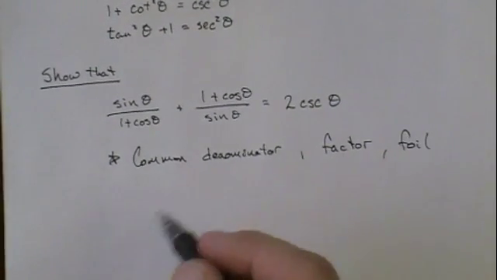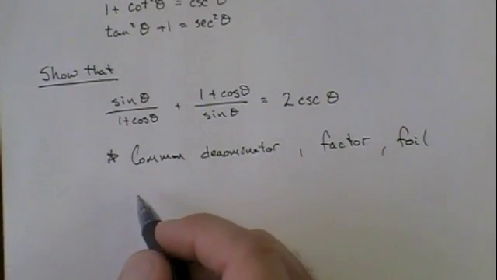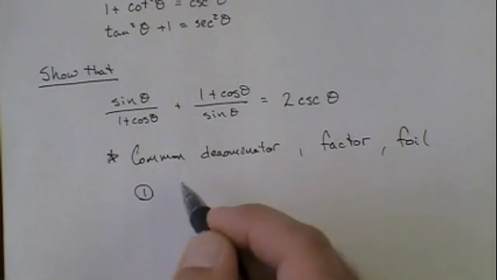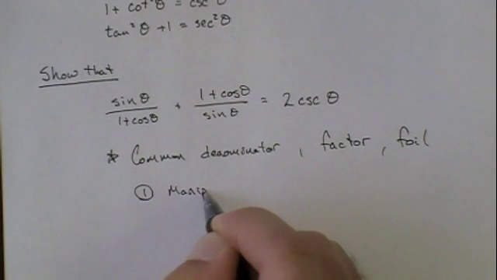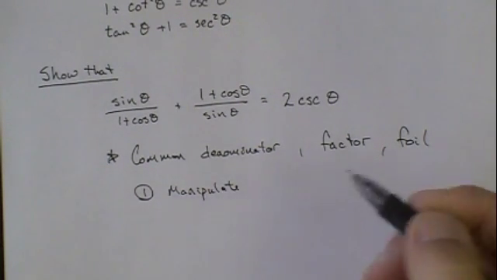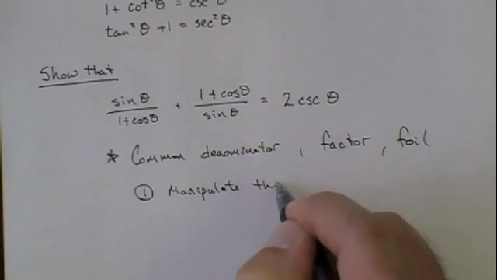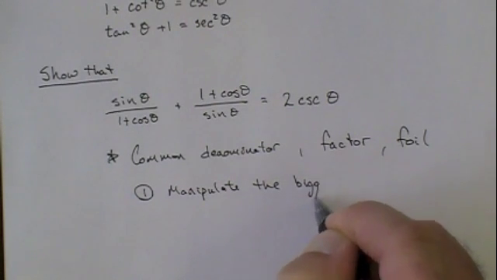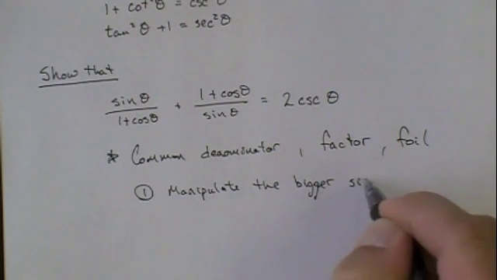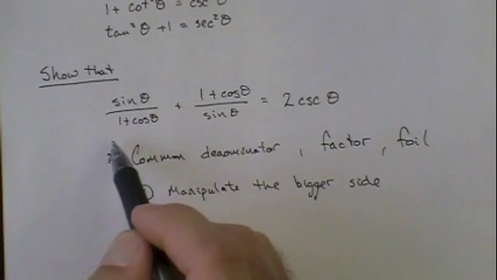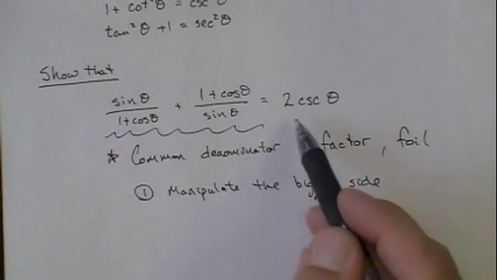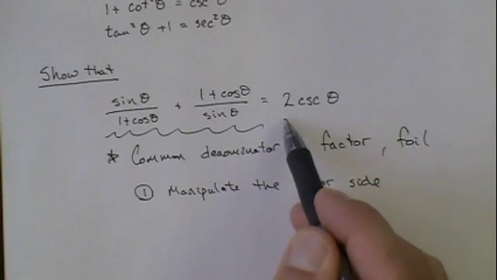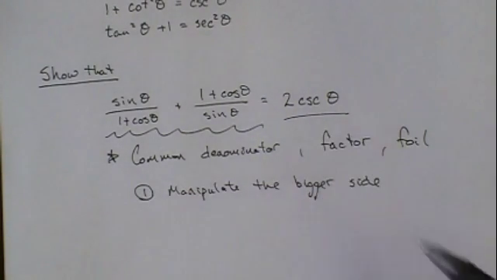Some steps that we want to go through whenever we're establishing identities: number one, we're going to manipulate the larger side, or the bigger side. It just gives us more to work with. So for example, on this one we would manipulate this side just because we have more things to work with, and we're going to try to make one side equal the other to show that those things have to be true.